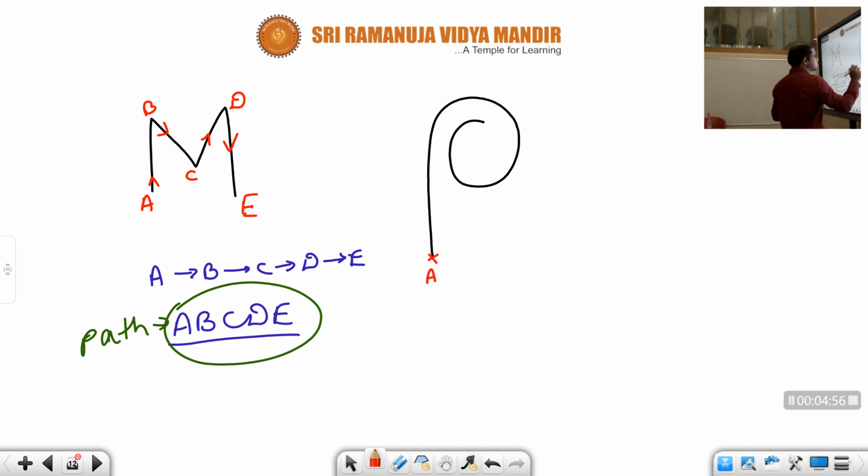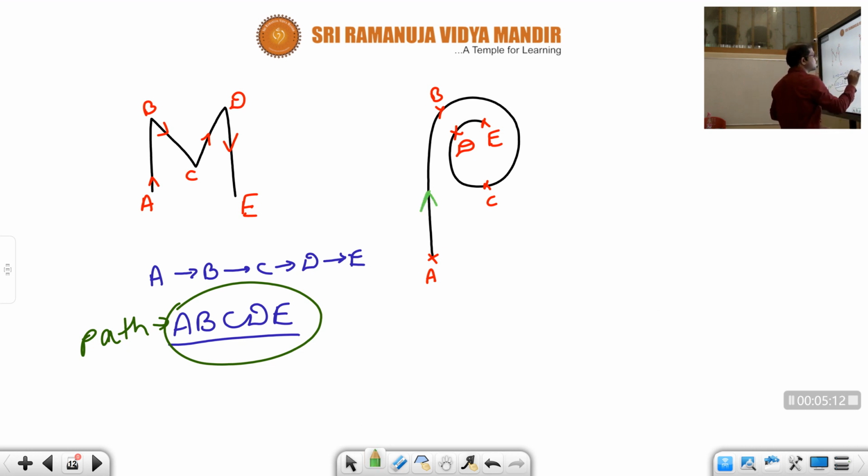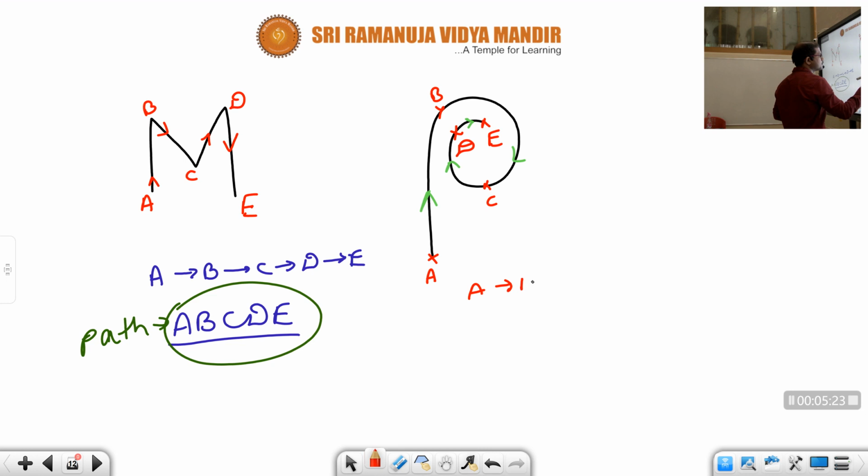Let us consider the points A, B, C and D, and the final point E. Now let us give directions, children. It is moving from A to B, B to C, C to D, and D to E.